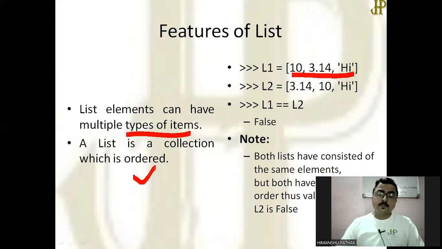Next one is a list is a collection which is ordered. What does it mean? It means the position of each element in the list is fixed as soon as you initialize the values of the list.